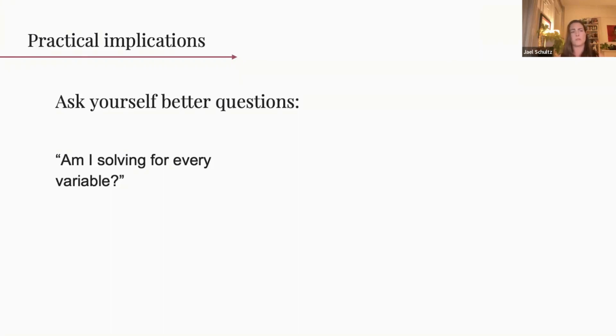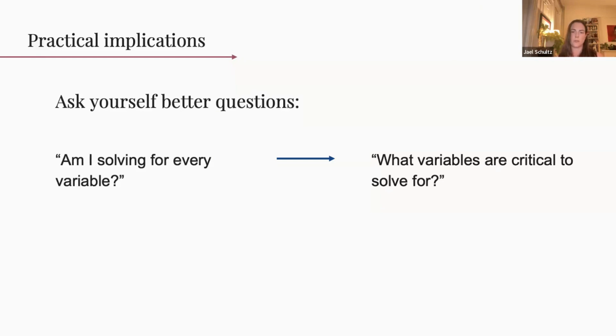So I think a way that could be valuable to rephrase this question is, what are the variables that are critical to solve for? This helps us focus on what's importantly wrong with our model or with our proposal or with our solution. It also puts definite boundaries around what we're working on.